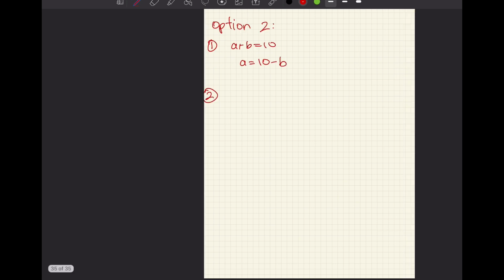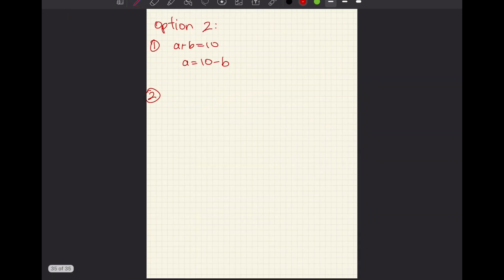So what we can do is do what we did before. So we get equation 1, which is a plus b equals 10, and make a by itself. So a equals 10 minus b. Then we can go to equation 2, 2a plus 4b equals 32. So 2a equals 32 minus 4b.